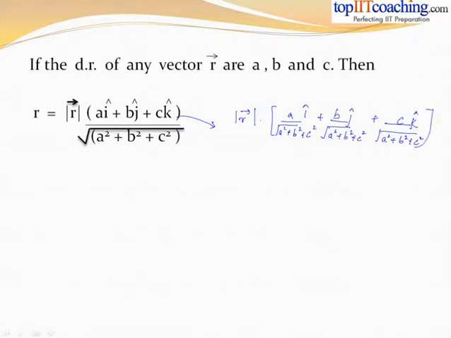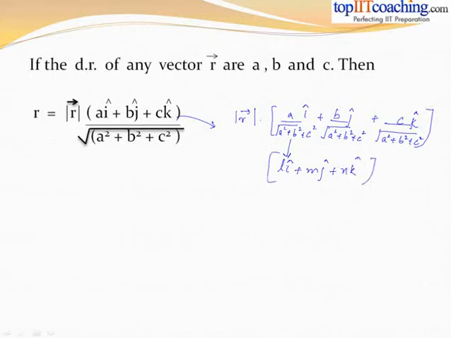Now we also know that a by under root of a square plus b square plus c square is equal to l, so we can write it as l times i cap plus this is m, so m times j cap plus this is n, so this would be equal to n times k cap.